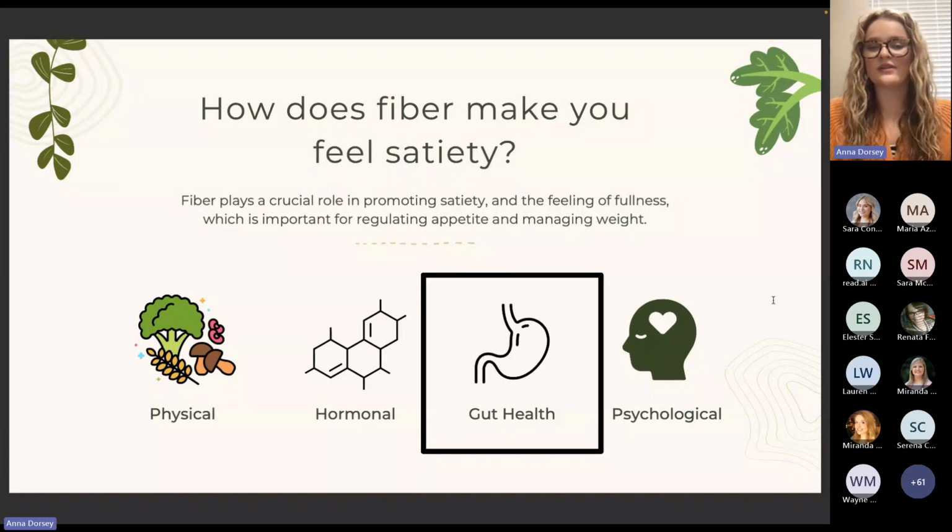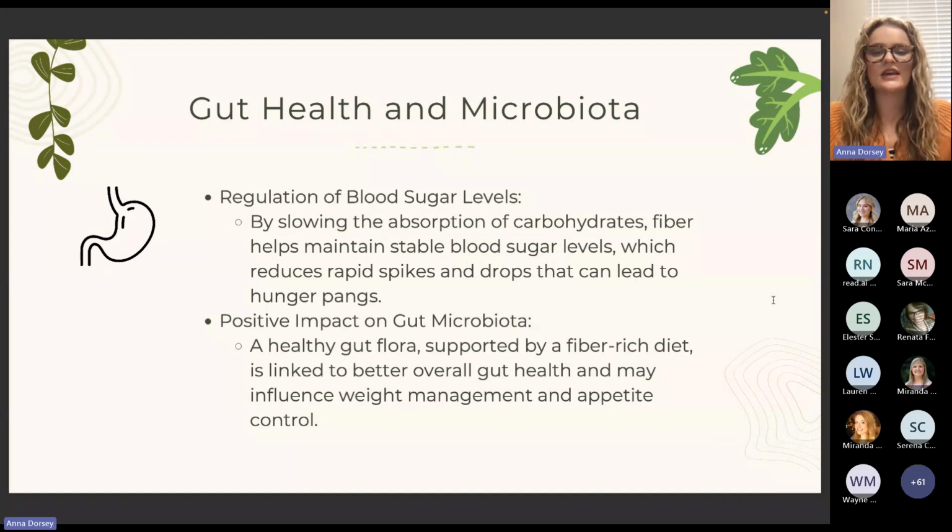Next, let's talk about fiber and gut health. So we already mentioned the physical mechanisms of fiber: they slow down digestion. Some foods are really high in carbohydrates. Sometimes that can cause a rapid spike in blood glucose, which gives you a lot of energy really quickly.